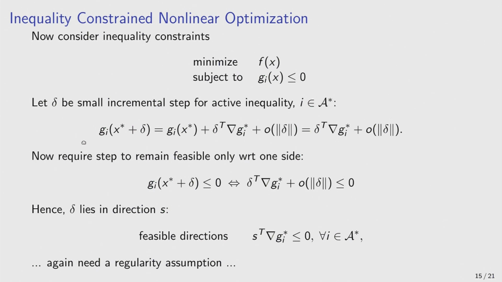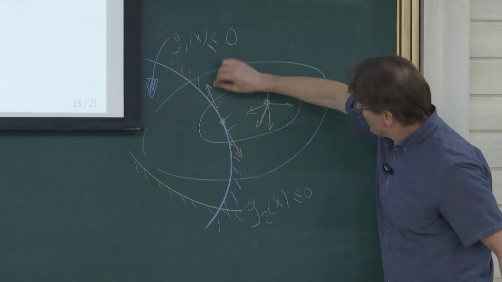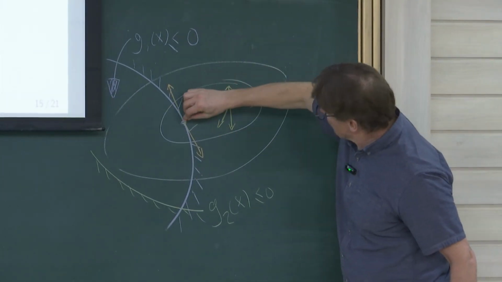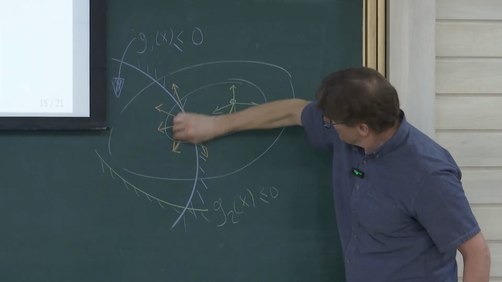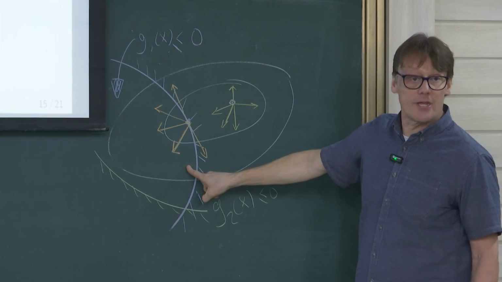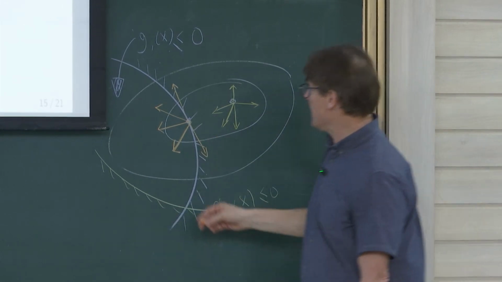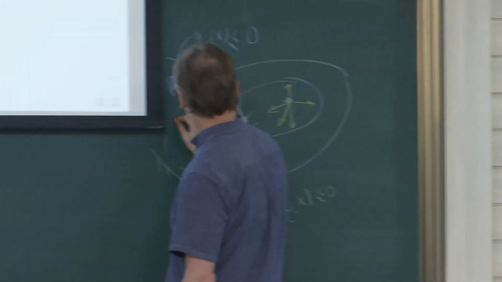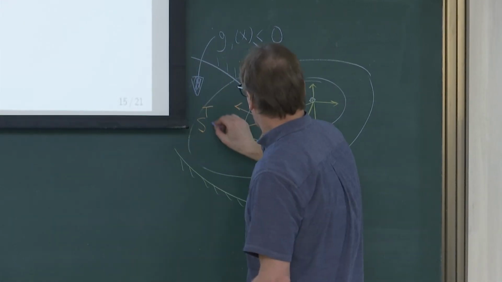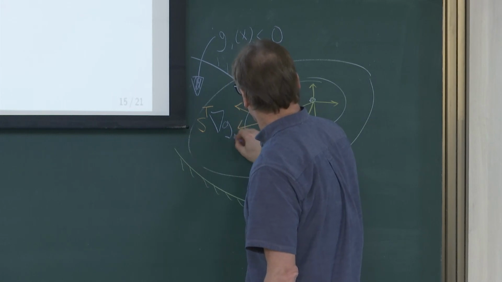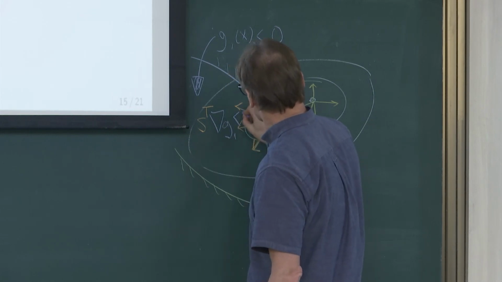And so that makes sense on this picture here, the directions that we had for the equations were these two directions here, but now I can also take these directions. These directions are all feasible as well. And the directions that I drew here, they go strictly into the interior. So those are the directions for which s transposed, the gradient of g1 is strictly less than 0.